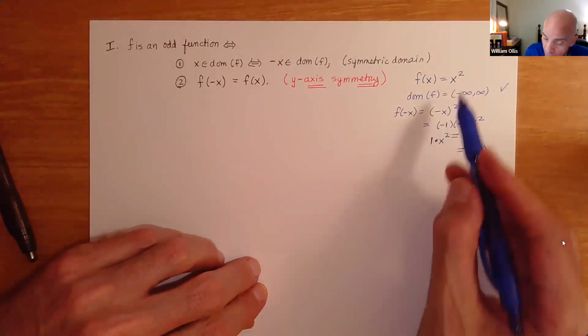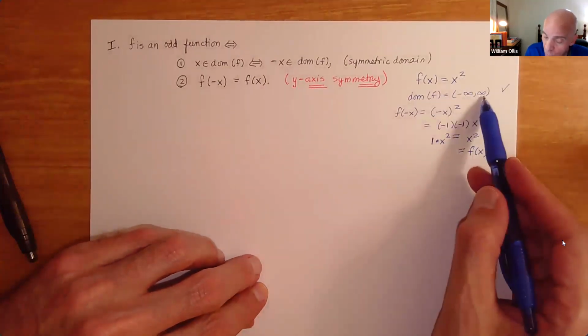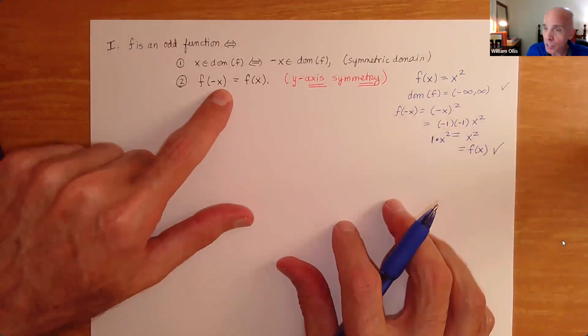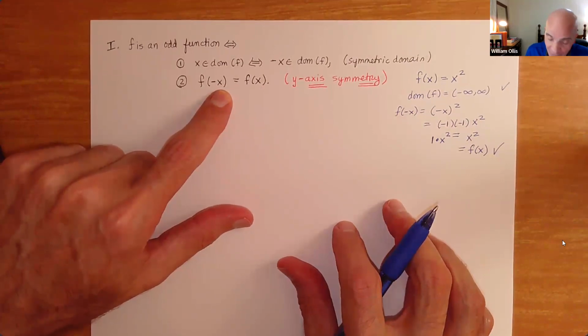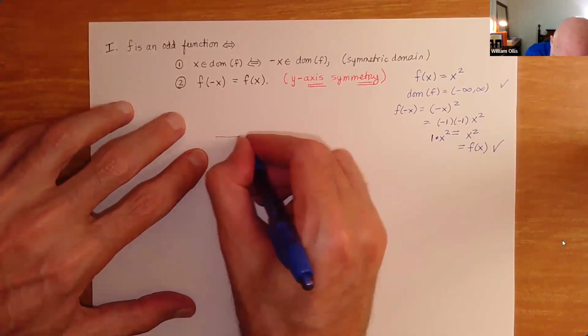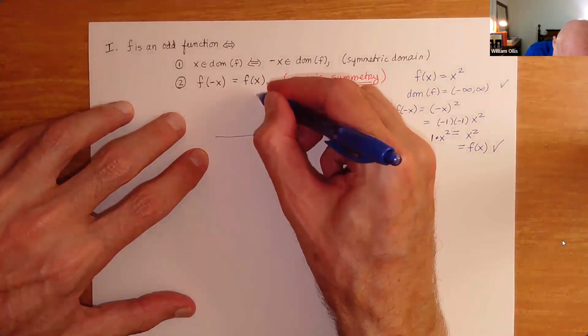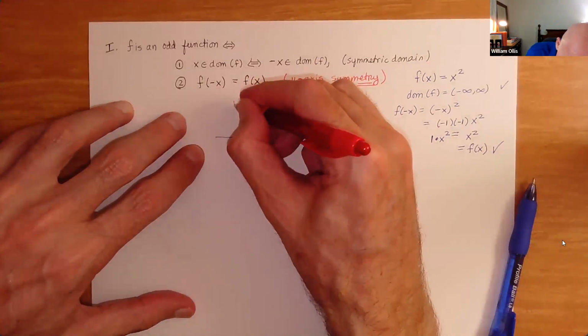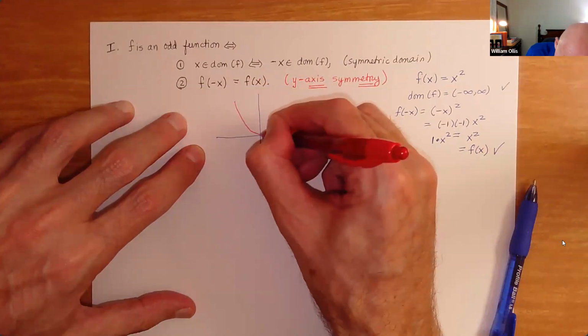So indeed, for the x squared function, not only do we get the symmetric domain, but we get the algebraic restriction that's required. That's exactly why when we draw a picture of the quadratic, it has the characteristic shape that gives us the y-axis symmetry, just like this.